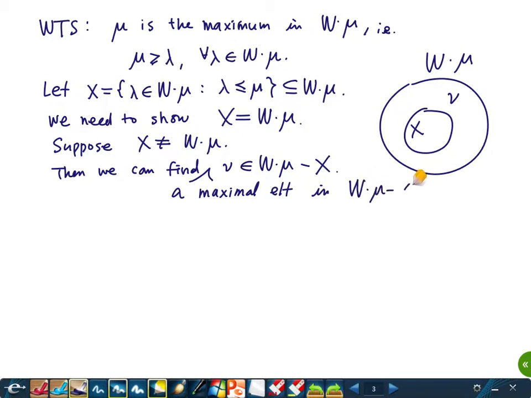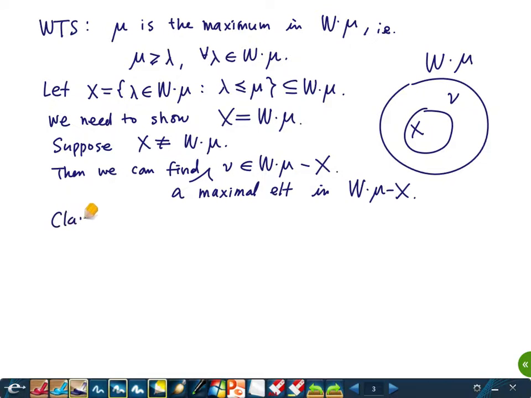Because this is a finite, non-empty set, we can find the maximal element there. So it is maximal outside X. That is not smaller than anything else in this set. Okay? We take a maximal element, not just any element.